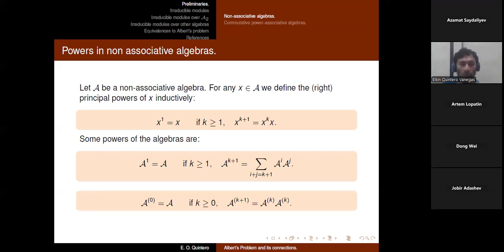Another power of the algebra that will be used is the following. A to power parenthesis 0 is the algebra A, and for any k greater or equal than 0, A to power parenthesis k plus 1 is the product of A to power parenthesis k times A to power parenthesis k.